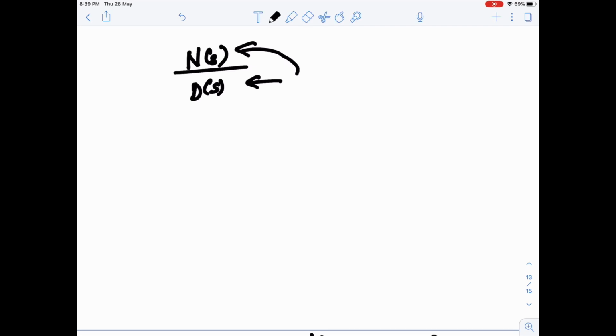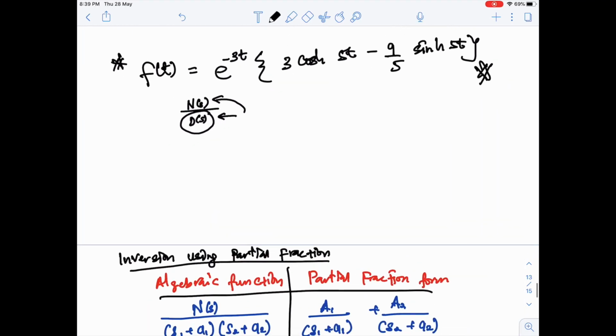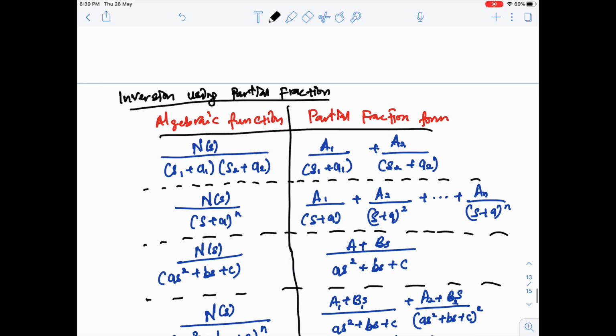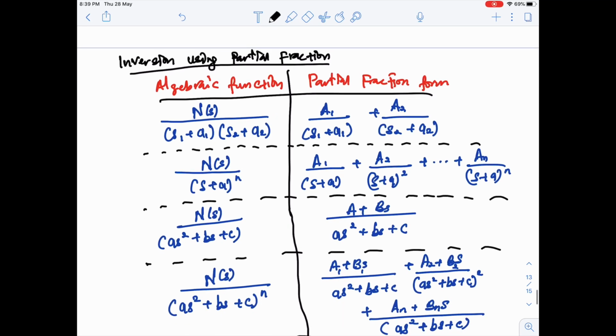The forms of the partial fraction depend on the kind of factor of the denominator, which is either real, quadratic or linear. Alright, let's go to the types of partial fraction that we will consider in this part.